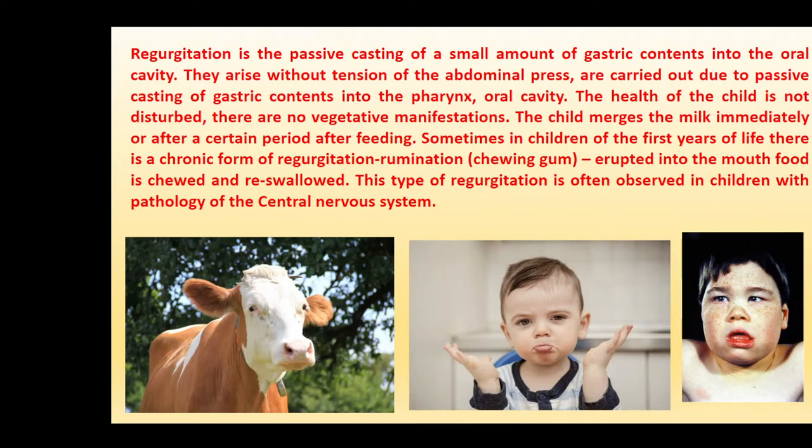The health of the child is not disturbed. There is no vegetative manifestation. The child regurgitates the milk immediately or after some period after feeding. Sometimes in children of the first year of life, there is a chronic form of regurgitation, rumination. Regurgitated food in the mouth is chewed and reswallowed.